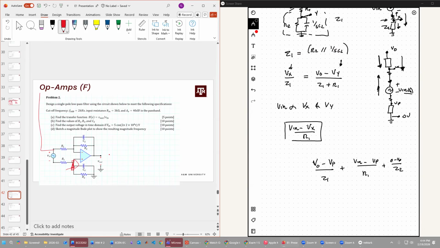The only thing, Mahi, I think you have to be careful is this Vn term, because this is a voltage drop between two points, it's not directly the voltage at this node here.